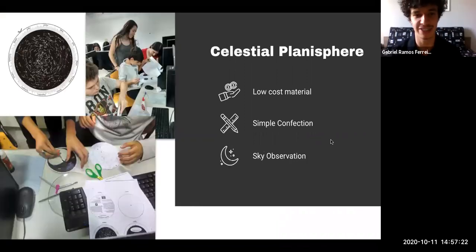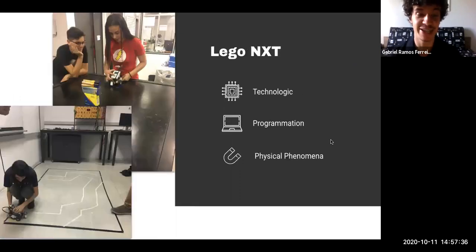This celestial planisphere takes a few minutes. In a few minutes, the student may have another idea about the sky above them. Last but not least, the LEGO NXT. Here we can show the student a whole new perspective about robotics, because most of them never had contact with this subject.